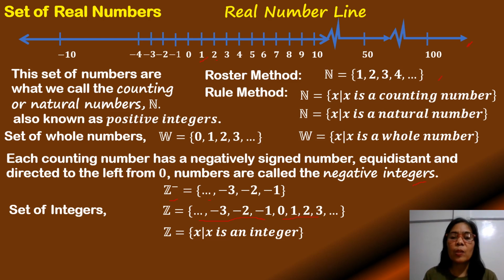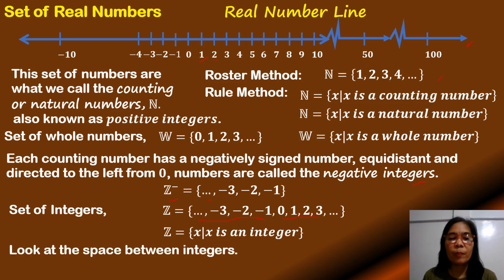Recall again that when we say integer, we are referring to the counting numbers, 0, and the negative of the counting numbers. So take note, negative 1.5 is not an integer, or 5.5, it is not a positive integer.